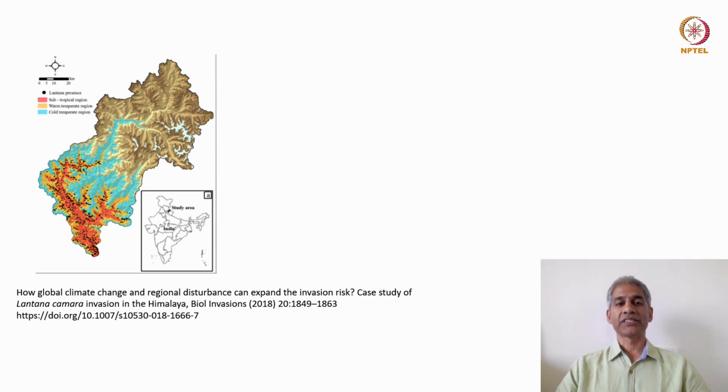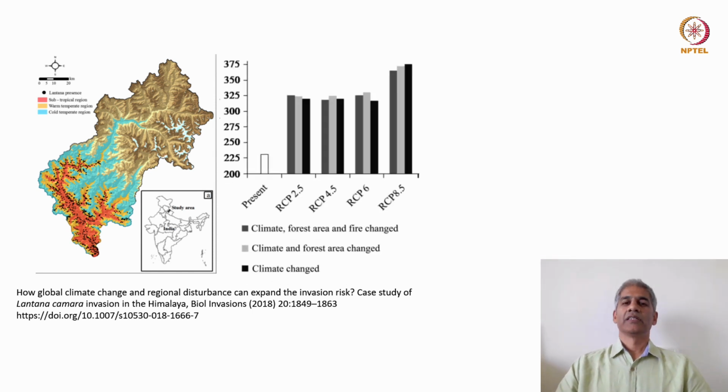What the researchers then tried to do was model how Lantana will spread given different warming scenarios, which is shown here on this graph. The y-axis is basically the area in square kilometers, and we can see there's an increase which is expected under different warming scenarios, which the researchers simulated.